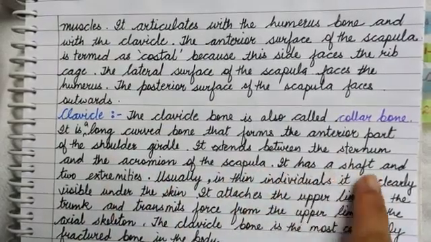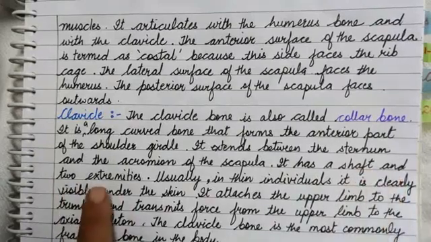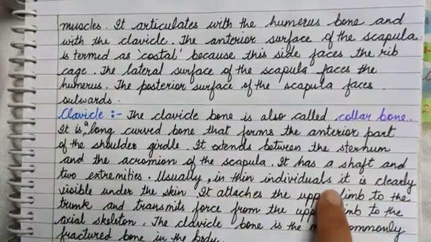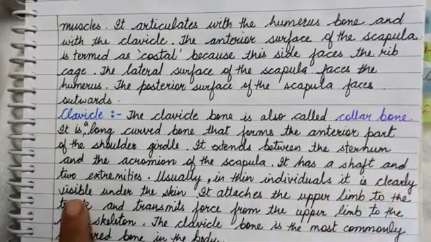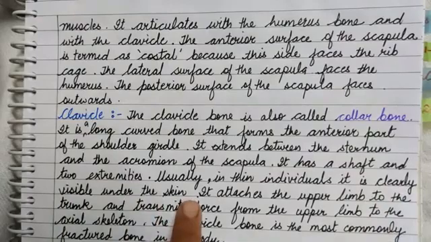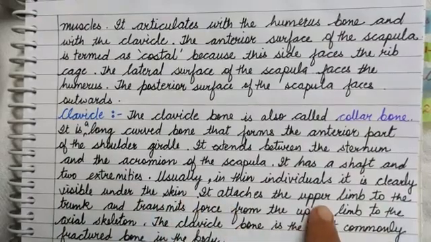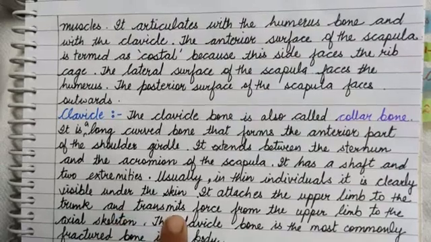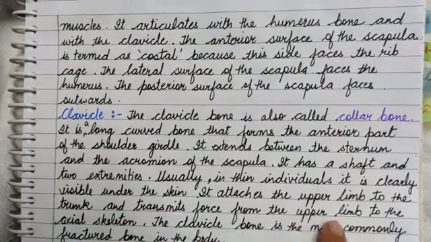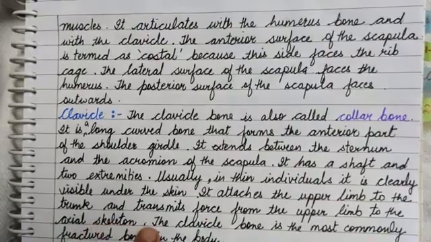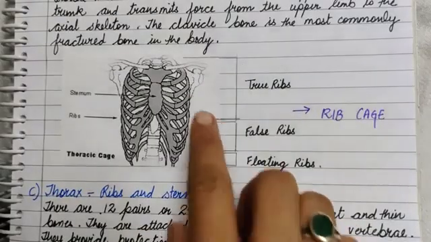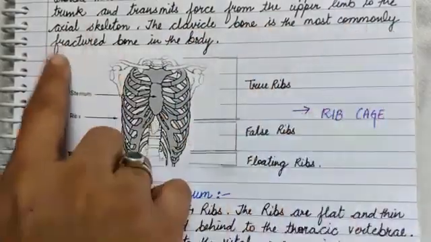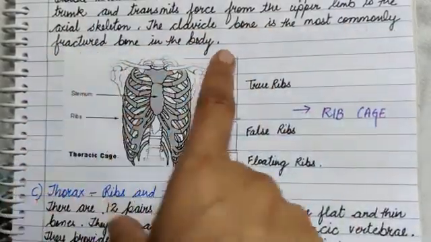It has a shaft and 2 extremities. Usually in thin individuals it is clearly visible under the skin. It attaches the upper limb to the trunk and transmits force from the upper limb to the axial skeleton. The clavicle bone is the most commonly fractured bone in the body.